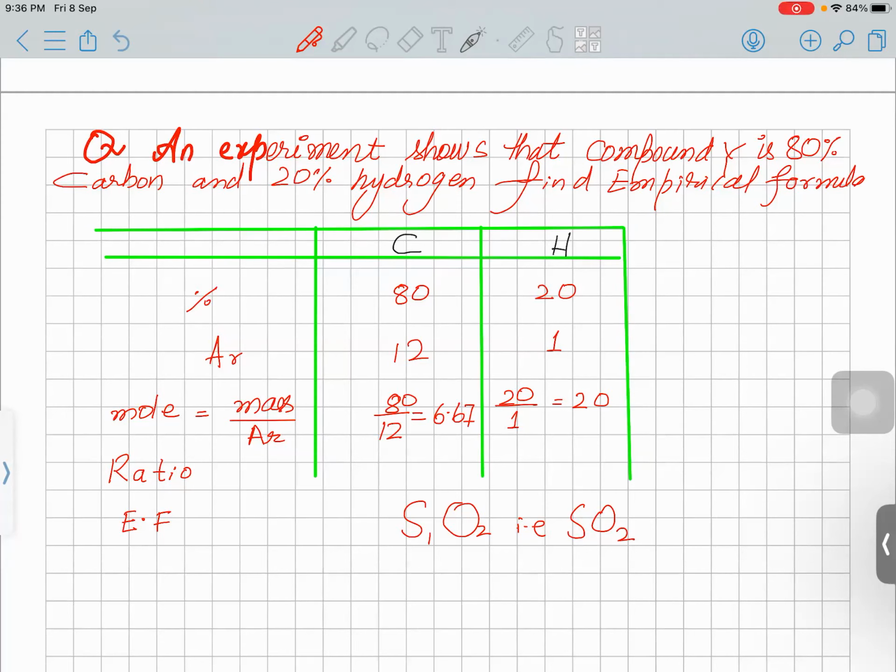Now find the ratio. The smallest is 6.67. So 6.67 divided by 6.67 is 1, and 20 divided by 6.67 is about 3. So it means C1H3, or CH3.